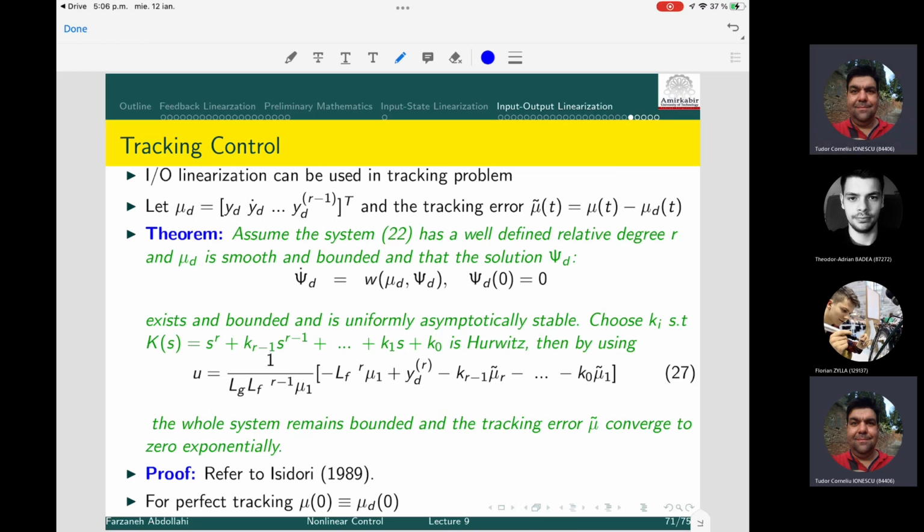There are some papers by Christopher Byrnes and Alberto Isidori. Christopher Byrnes, I think, is dead. Alberto Isidori is old and alive in Italy. He has a famous book on nonlinear dynamical control systems, and there are a lot of proofs there, and he invented all these ideas.